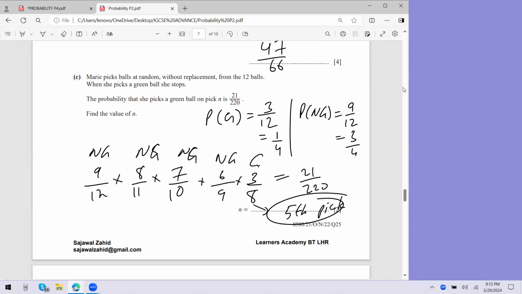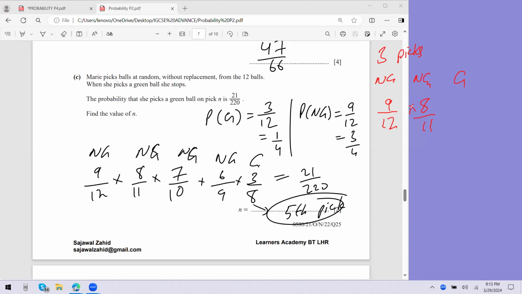Suppose you take 3 picks. Let's say the first one was not green, the second one also not green, but the third one was green. How will you calculate this probability? First one not green, 9 over 12. Second one also not green; one has been picked out already, so that will be 8 over 11.